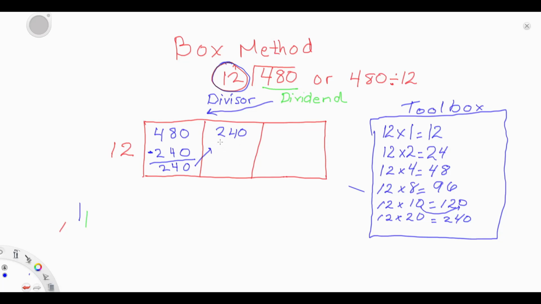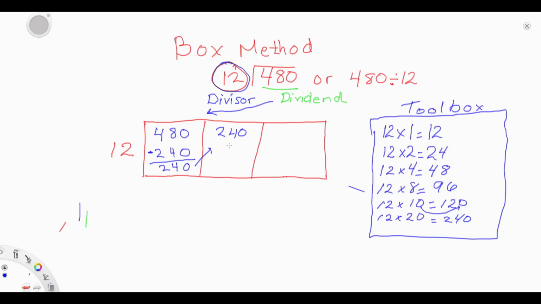Now, I don't like to make things as easy on myself. If you look in your toolbox, we have a product which is 240. I could easily just subtract that. Oops, but one thing.